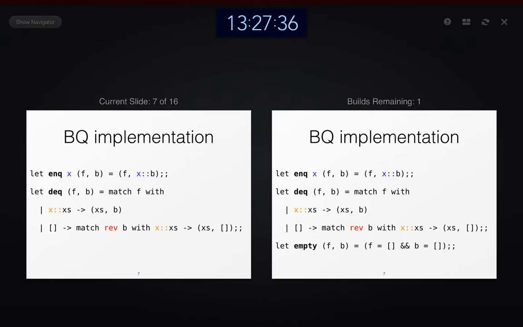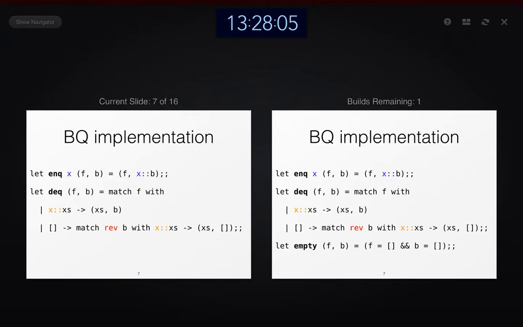And we drop the head X, and then we put XS instead of F. And we leave the back queue empty. And when you put this code in the OCaml interpreter or in the OCaml compiler, what's going to happen? You are going to get a warning.